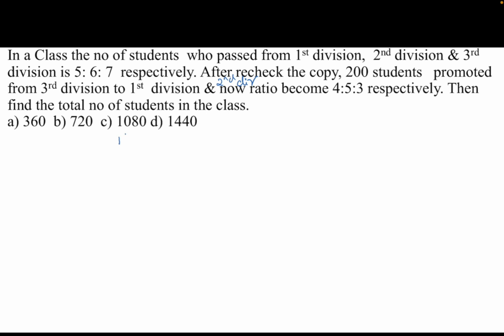Okay, so first division, second division and third division. What is the ratio? It is 5:6:7. This was the number of students who passed from first, second and third division. Next, after recheck, 200 students were promoted from third division to first division and second division.